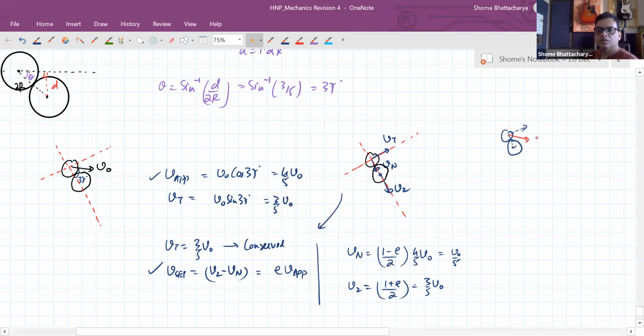So our v1 is something like this: the tangential was this, and the normal is this. We can take V naught by 5 common, and we'll have root 10.